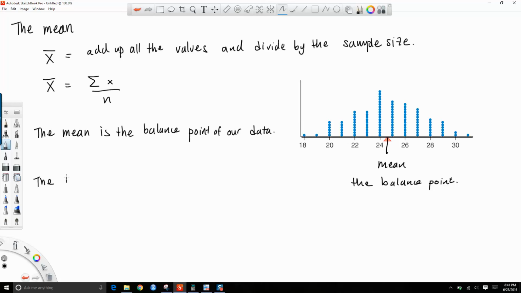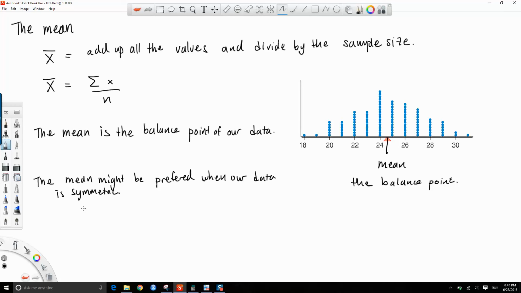The mean might be preferred when our data is symmetric. Okay. The mean can still be calculated for skewed data. Just because the data is skewed doesn't mean you can't calculate the mean.